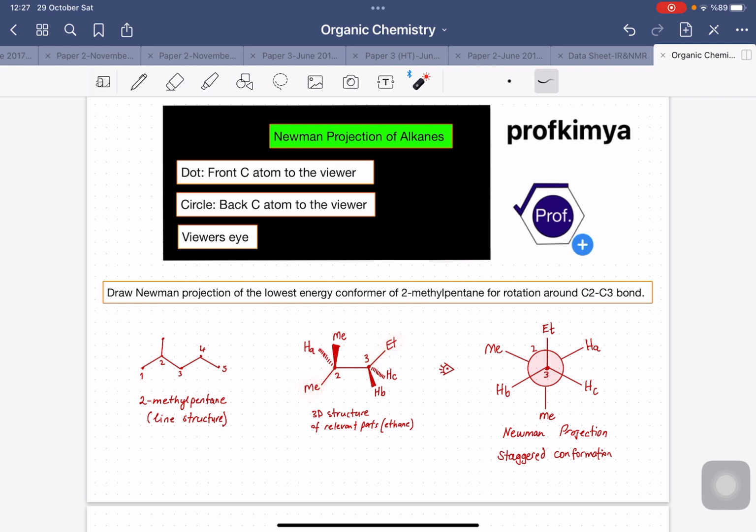Methyl and ethyl is antiposition. Anti conformers, and this ethyl and methyl is apart from each other by 60 degrees. This is also a gauche conformer.